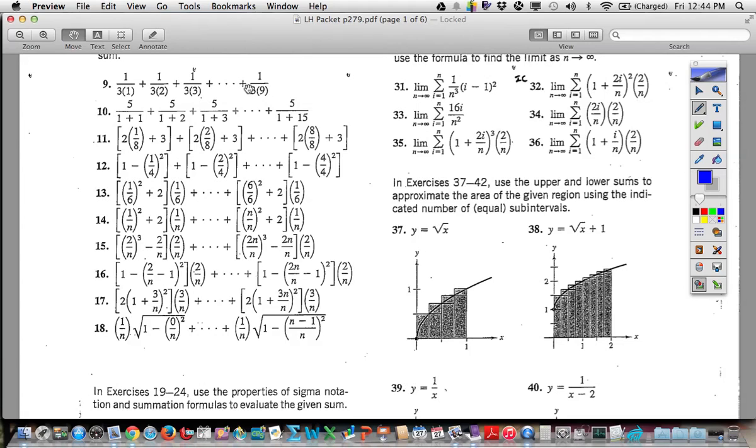I don't want to spend much time on that because, I mean, it was important, and I wanted you to be able to go through it with what we did to see that infinite rectangles really do give you the exact area, and we can show it mathematically. But again, not something I'm probably going to make you do. I'm more interested that we can take an integral area, write out the rectangles, and represent the sigma. And that's what I want to focus on today. Okay? So let's do that.